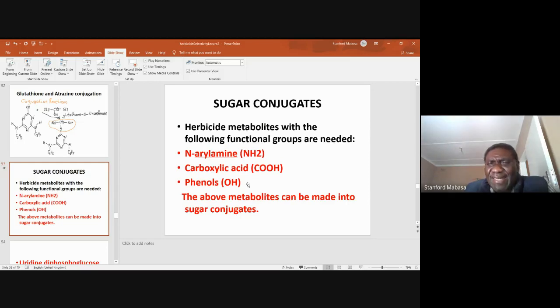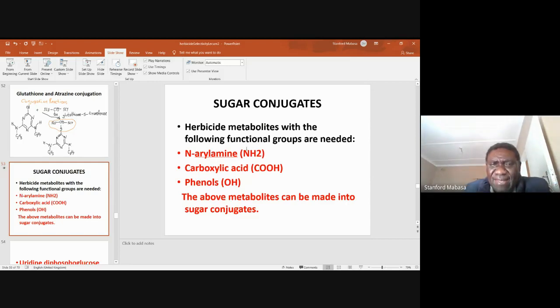So there are certain herbicides with the following functional groups. If in phase 1 we have got a herbicide carrying NH2, which is an amine, the second, we can have a herbicide carrying the carboxylic acid or COOH, or we can have phenols or OH.